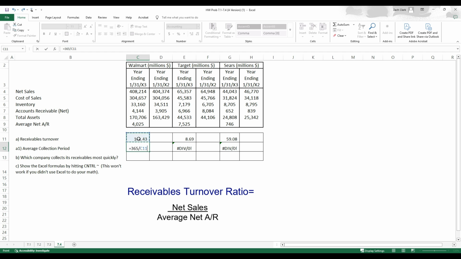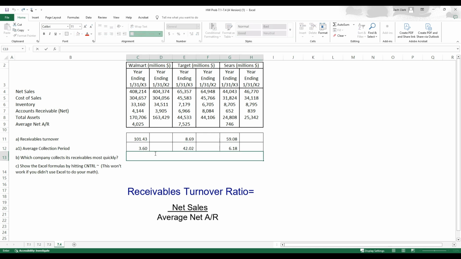So basically, you take 365 divided by the receivables turnover, and I'm going to paste those in. And that's a good way to get a direct estimate for how fast we're collecting our receivables.